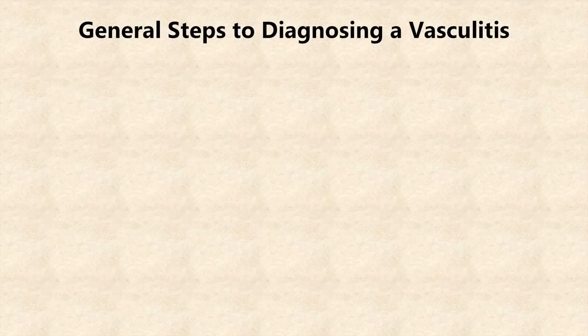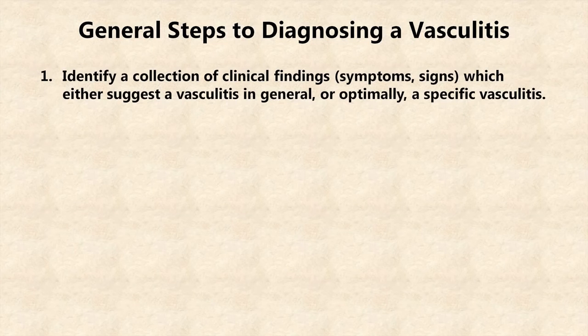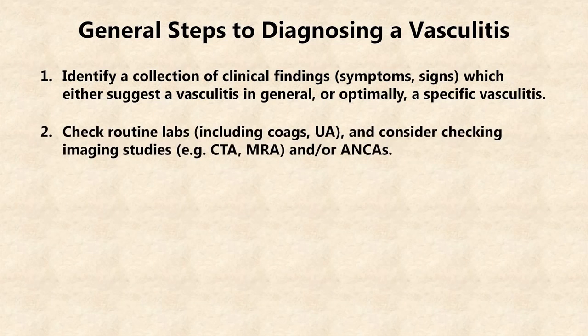So what are the general steps to diagnosing a vasculitis? First, the clinician must identify a collection of clinical findings which either suggest a vasculitis in general, or optimally, one or two specific vasculitides. Second, one should check routine labs, including coagulation tests and a urinalysis, and consider checking imaging studies and/or anti-neutrophil cytoplasmic antibodies.